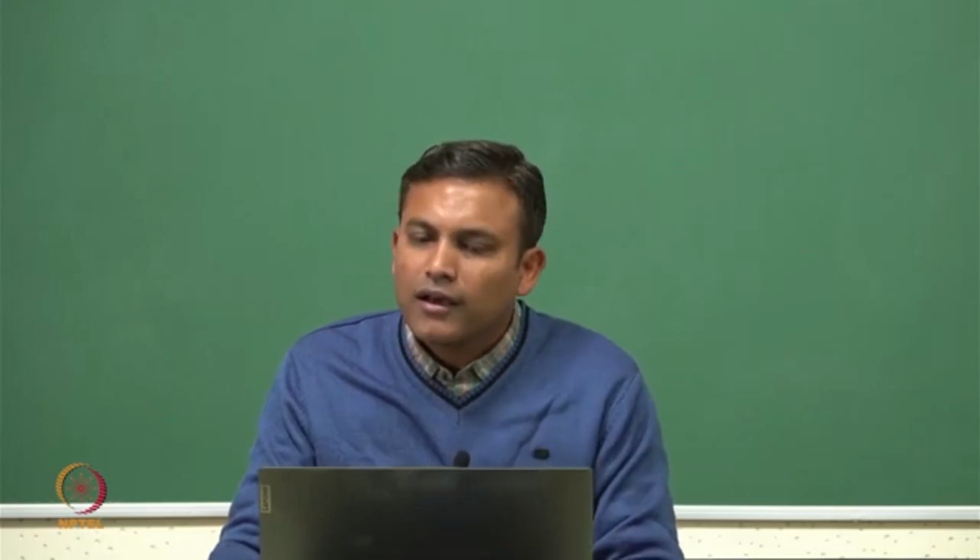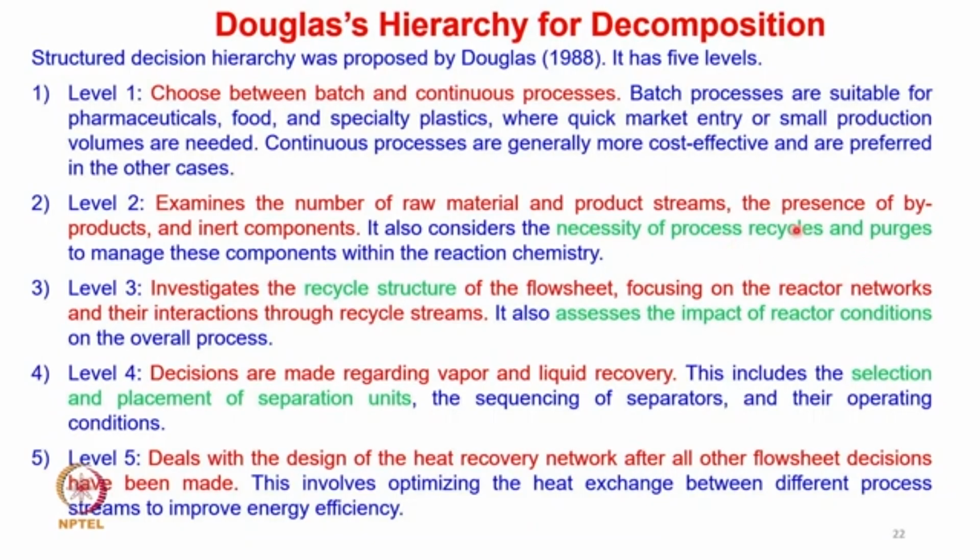For instance, if the feed is not pure, we might require a purge, or if the conversion is not high, we might require the recycle of the raw material. So based on the reaction chemistry, these decisions have to be taken by analyzing the raw material and product streams. Level 3 is to investigate the recycle structure of the flowsheet, focusing on the reactor network and their interactions through recycle streams. It also assesses the impact of reactor conditions on the overall process.